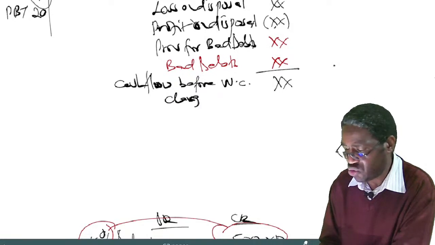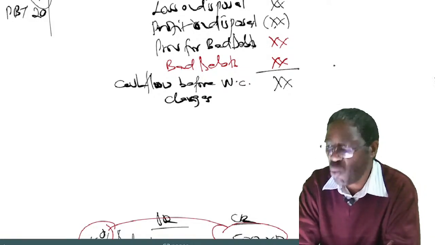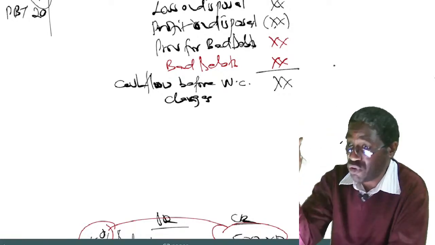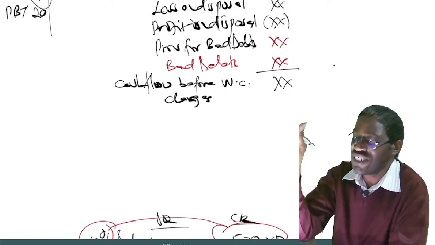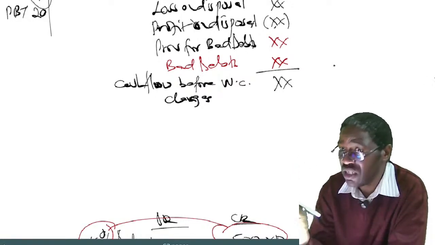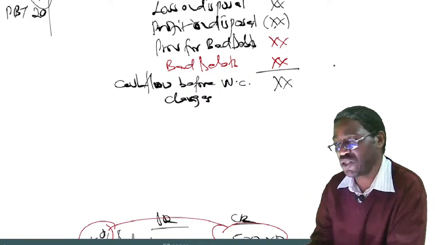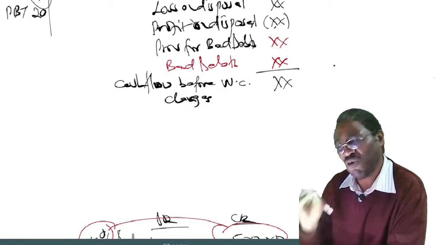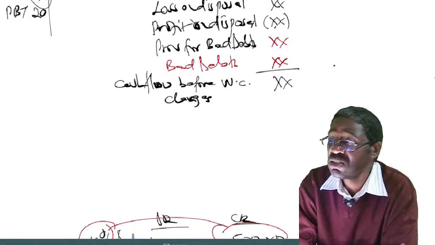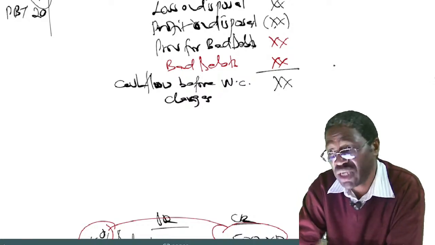Once you take the profit before tax, you have adjusted with all non-cash items. The net is called cash flow before working capital changes. Of course, you know working capital items are current assets and current liability items. So you bring in the changes in the working capital.